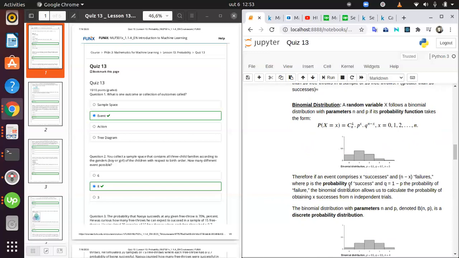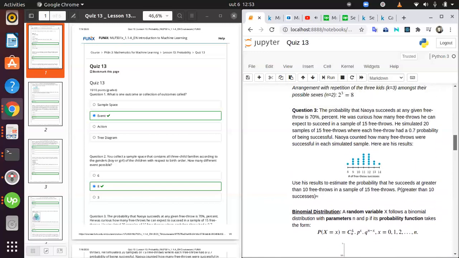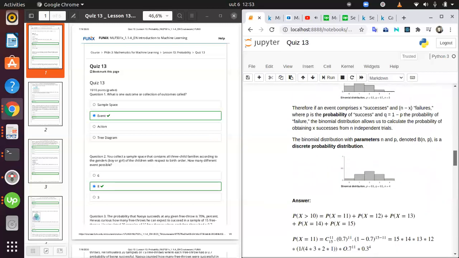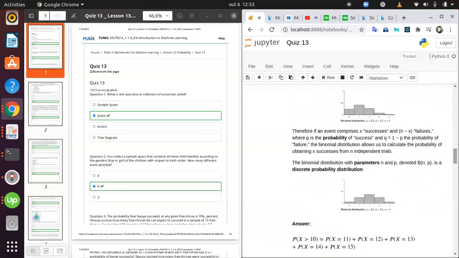The random variable associated to the number of successes in the 15 trials follows a binomial law of parameters n equals 15 and p equals 0.7. Do you understand it?